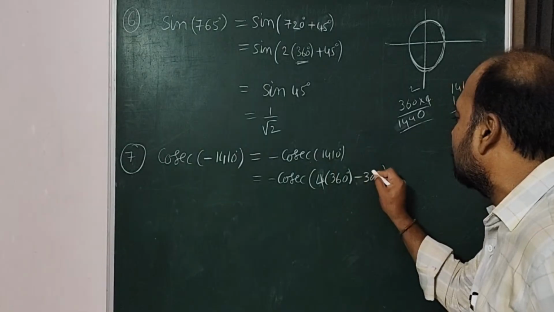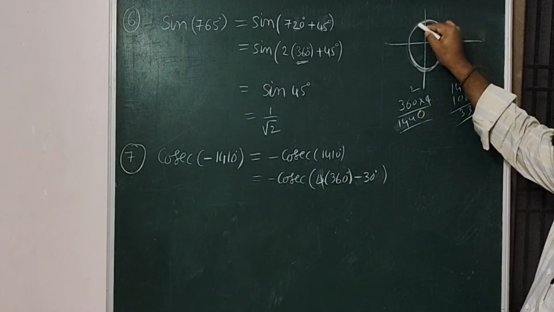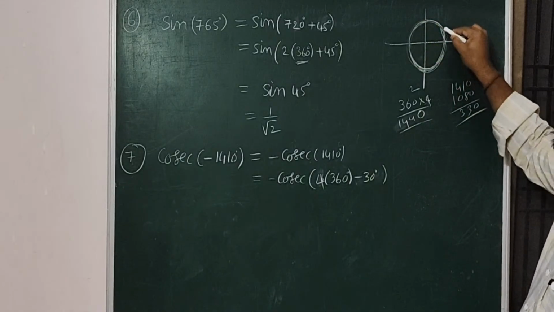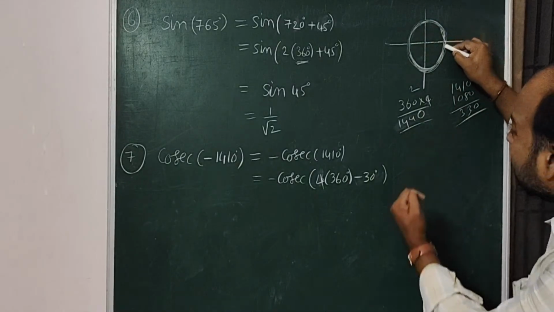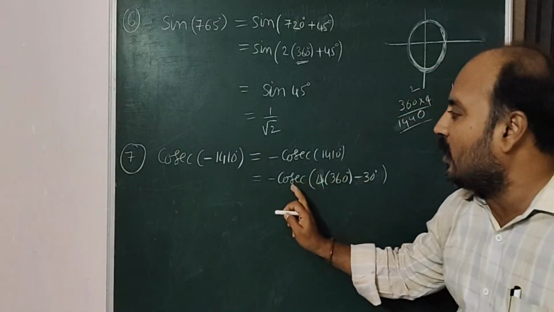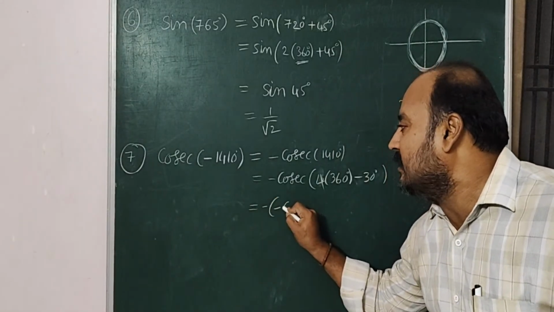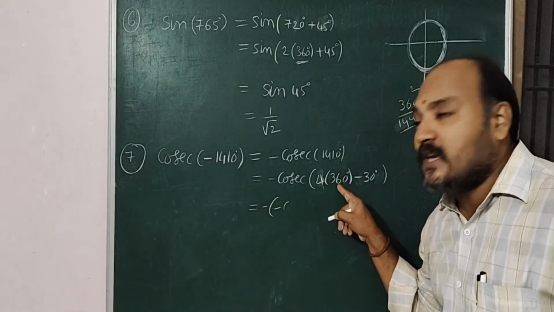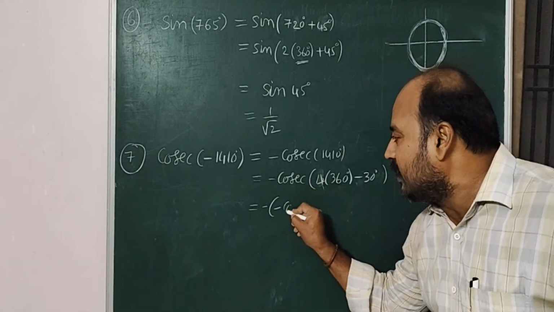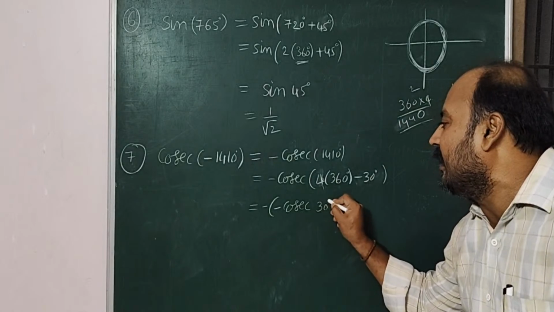Okay, dear students. 4 times of 360 minus 30, it will be in which quadrant? Fourth quadrant. In fourth quadrant, cosecant is negative. Already minus is there, minus of minus. 4 times 360 is an even multiple of 90, so cosecant only comes. Here theta is 30 degrees.